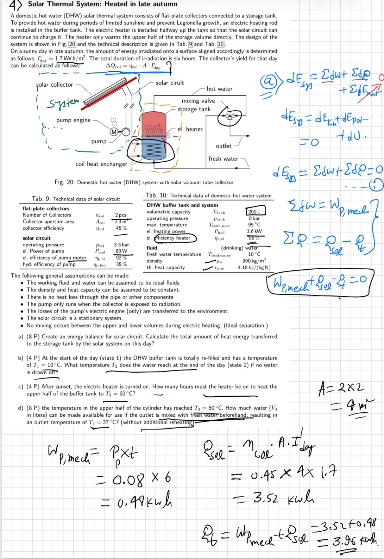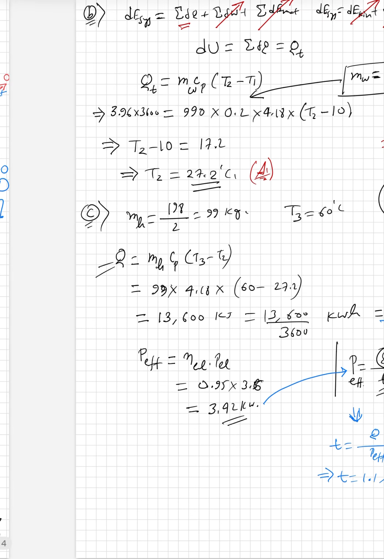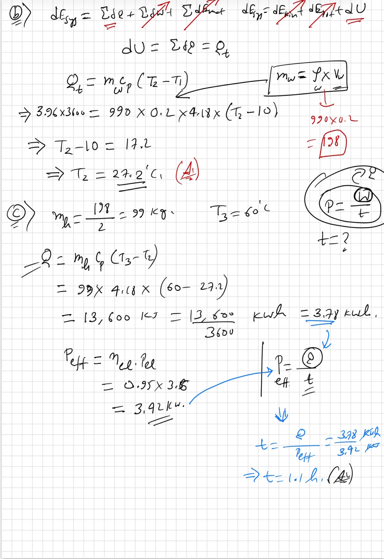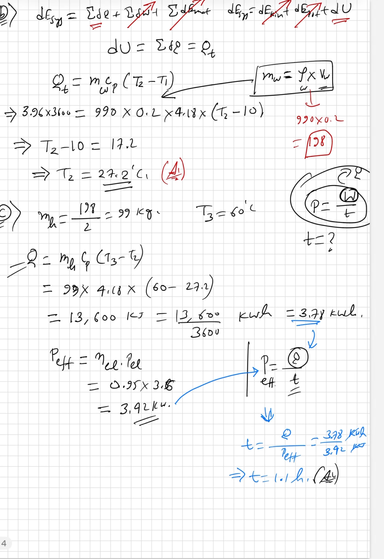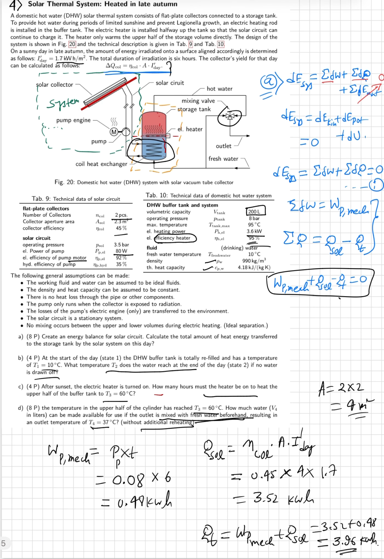Now we have to think: is this still an energy balance problem? Yes, it still is an energy balance problem, and now we have to deal with the valve. The valve will now control the fresh cool water and the hot water.